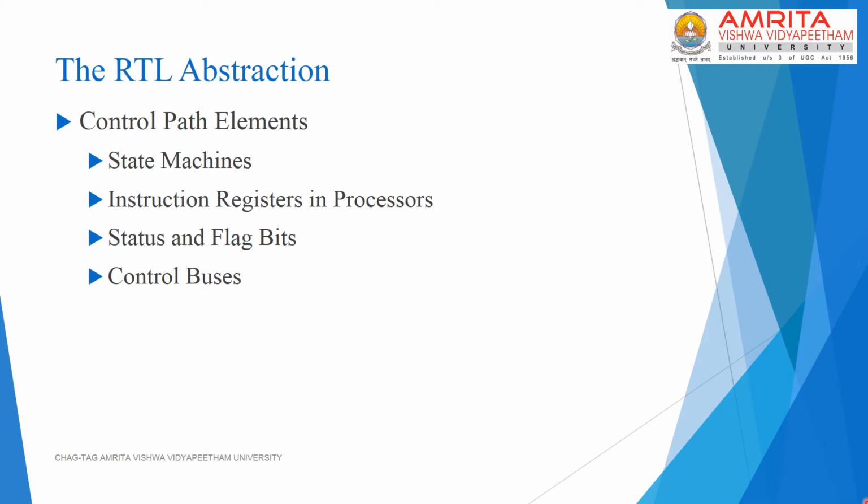So we can say that the control path basically provides the intelligence in a system.